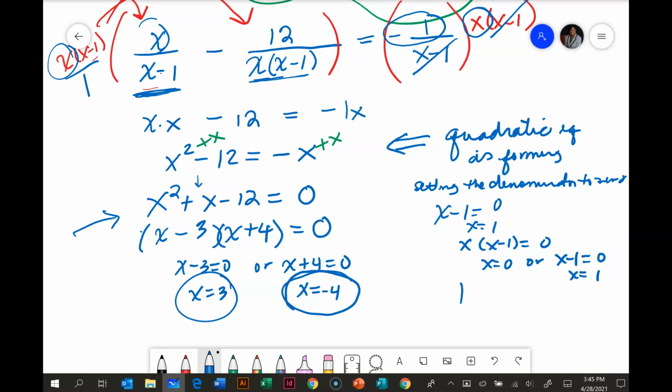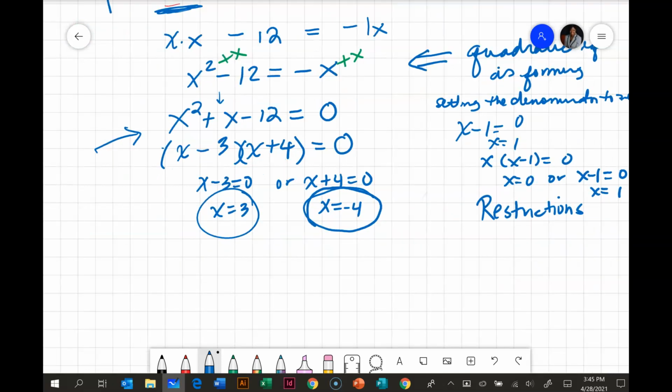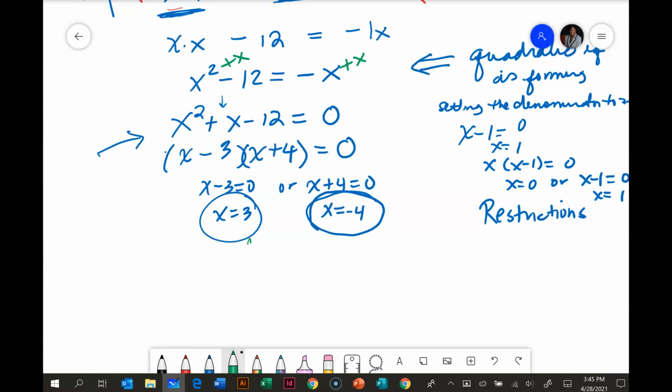All right, so these are the restrictions over here. And since we didn't get 1 or 0, we're good. 3 and negative 4 are the actual solutions, guys. Actual solutions to this problem. Both were the actual solutions to the problem.